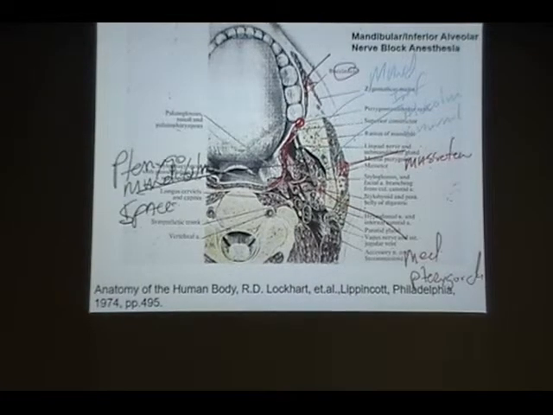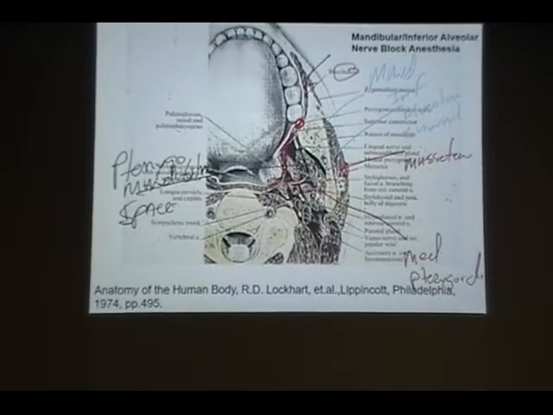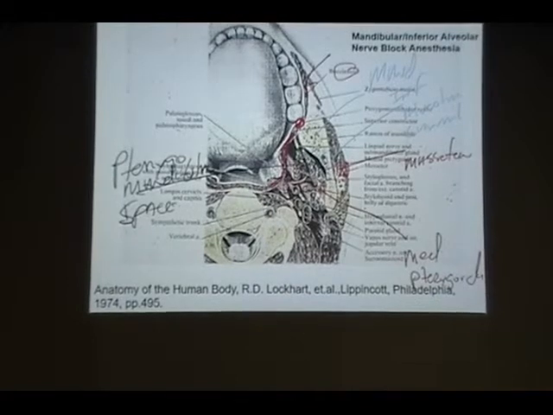The mandibular division of the trigeminal nerve with its inferior alveolar branch, giving off its mylohyoid branch in there. The lingual nerve we'll see is a little bit more towards the midline, towards the tongue, or lingually. Okay?